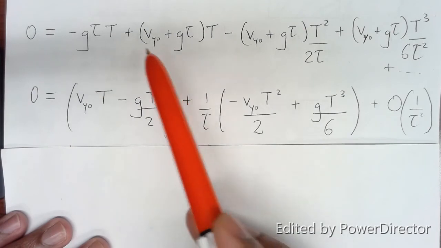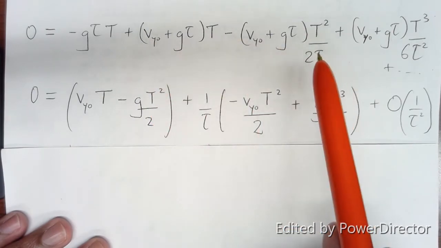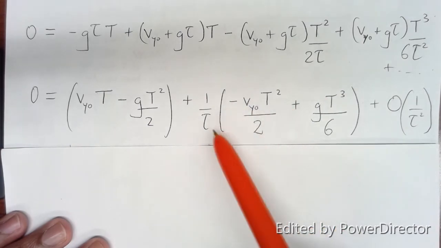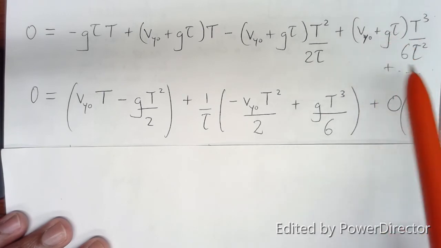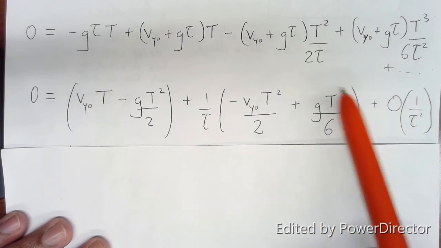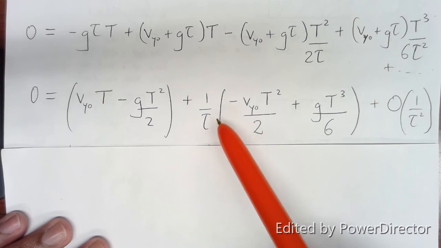And then we have 1 over tau terms. So we get one over here, minus vy0 t squared over 2 times 1 over tau. And we get another one over here, where this tau cancels partially with the 1 over tau squared here, and we end up with a gt cubed over 6 times 1 over tau.